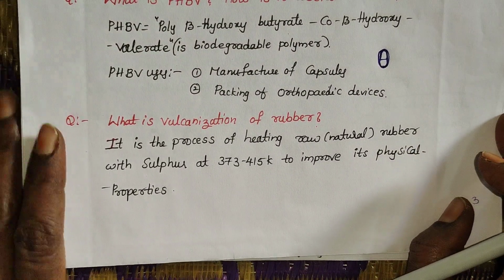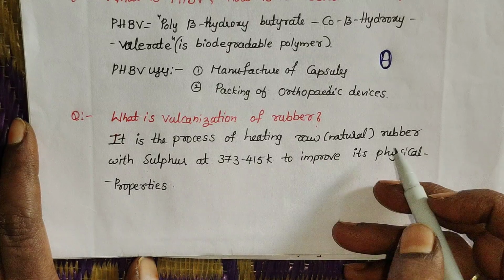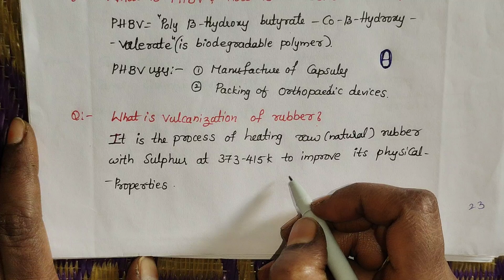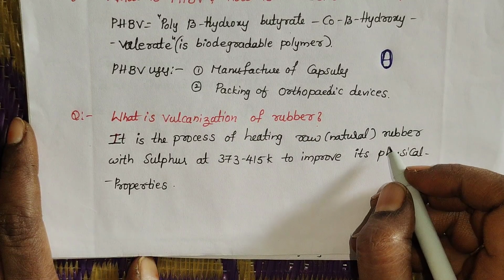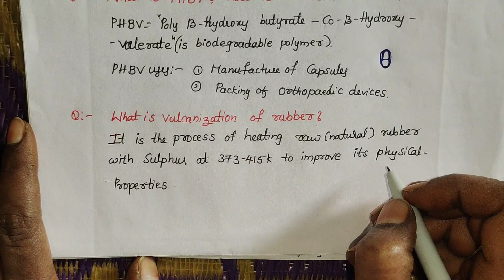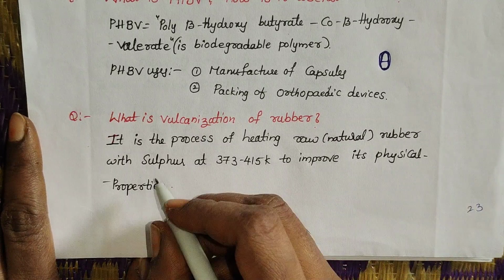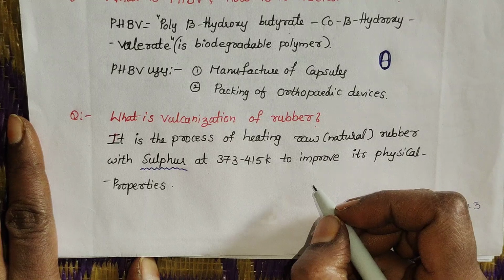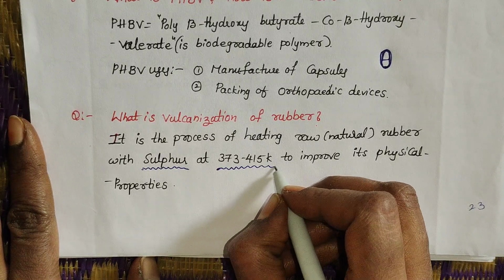Next, what is vulcanization of rubber? It is the process of heating raw rubber, nothing but natural rubber, with sulfur at 373 to 415 Kelvin to improve its physical properties. Natural rubber contains impurities, and to improve its physical properties we have to add sulfur, in presence of a temperature of 373 to 415 Kelvin.